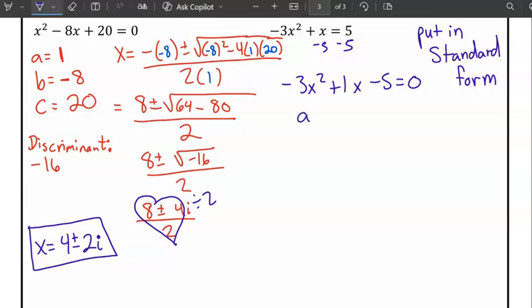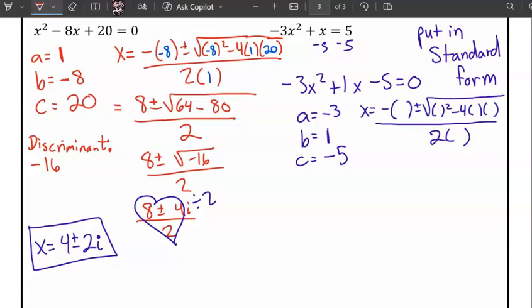Identify a, b, and c. A is negative 3, b is a positive 1, and c is negative 5. Let's plug them into the quadratic formula. Negative 1 plus or minus the square root of 1 squared minus 4 times negative 3 times negative 5, all over 2 times negative 3.